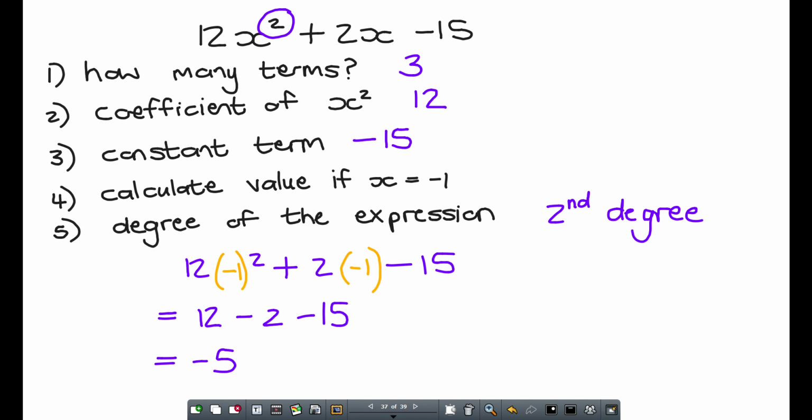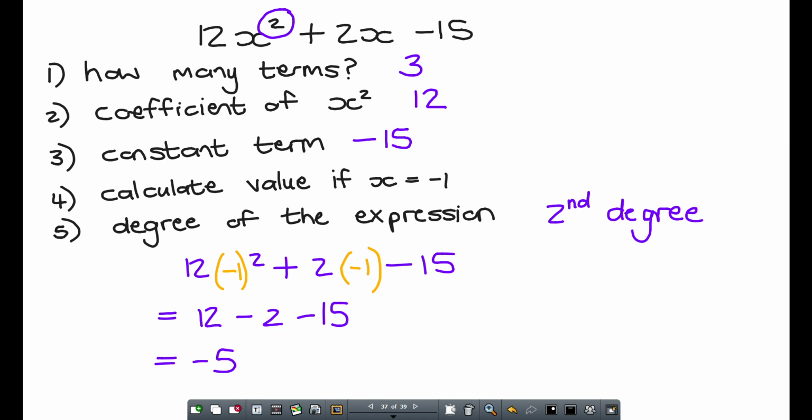I got the first one wrong. I said 2. For the next test, you guys are going to do well. Ma'am, what is degree of the expression? What does it actually mean?